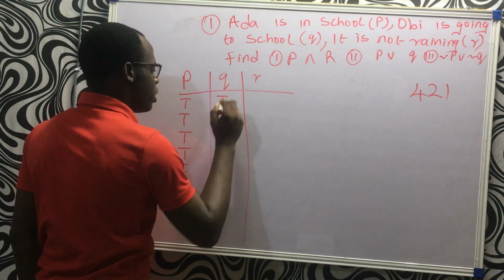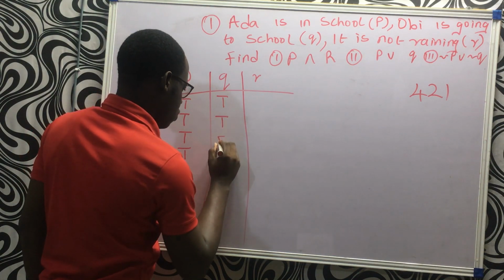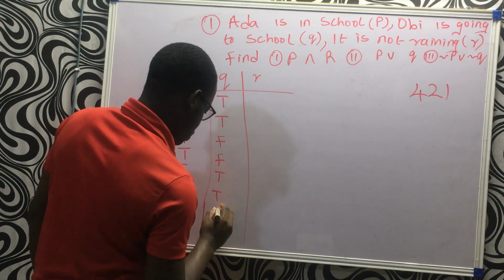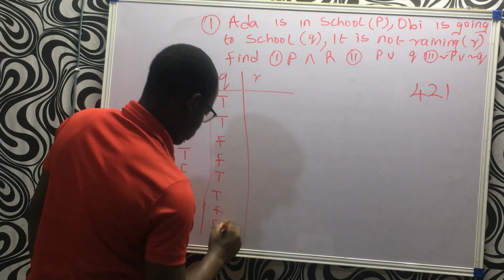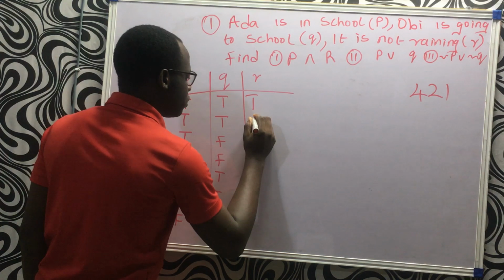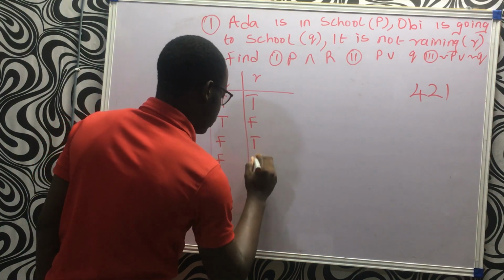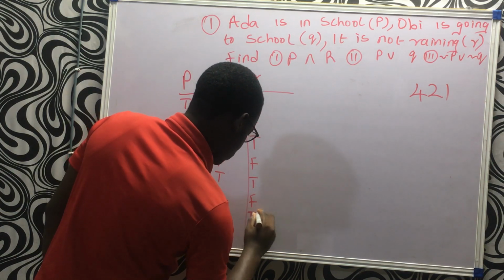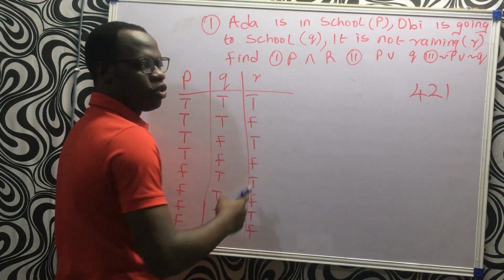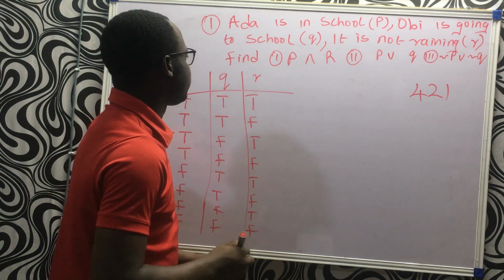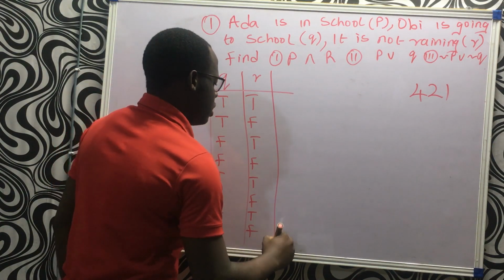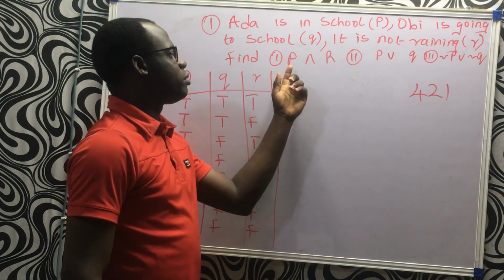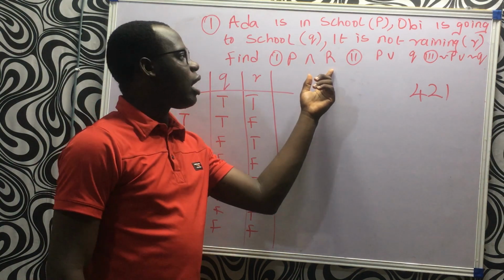So we have 1, 2, 1, 2, 1, 2, 1, 2. Then for R we alternate one at a time. Now remember, in the truth table, we start with T. Then you can drop right into solving the first question, which is P and R.